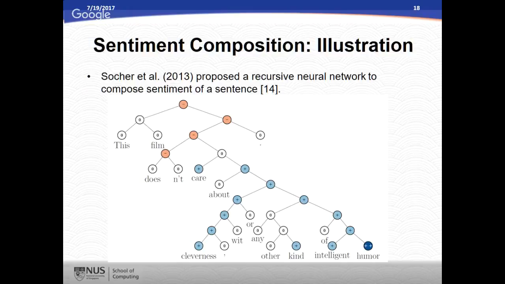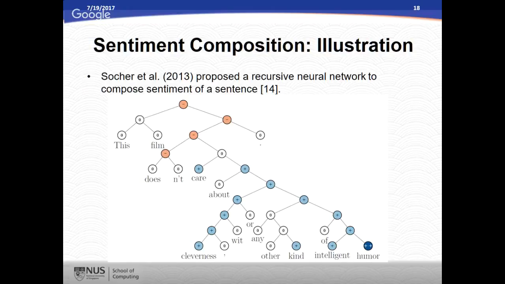So I'm going to talk about an example. This is basically the engine behind Stanford CoreNLP, and they call it sentiment composition. Have a look at this particular string. It says: this film doesn't care about cleverness, wit, or any other kind of intelligent humor.